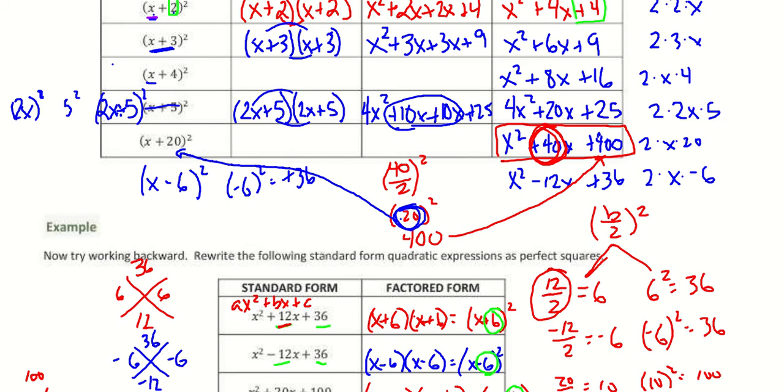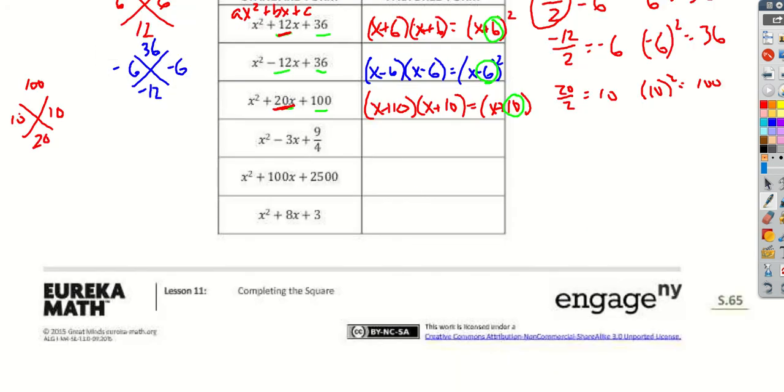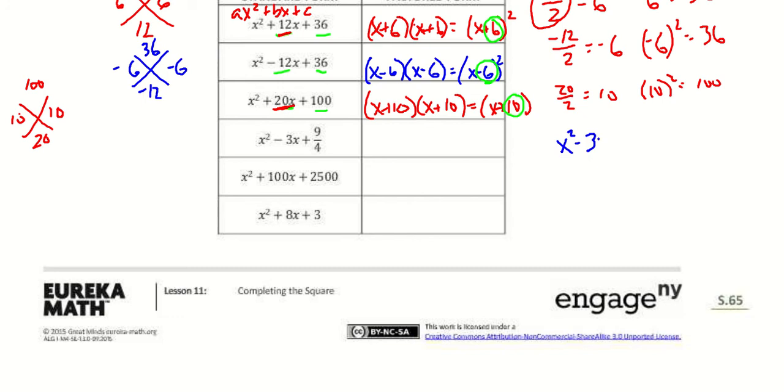So we can use this to help us figure out what the perfect square is when the number's not nice, when we have something like negative 3x here, okay? So I'm going to use my formula. If I have x squared minus 3x plus 9 over 4, the b term is the 3, okay?